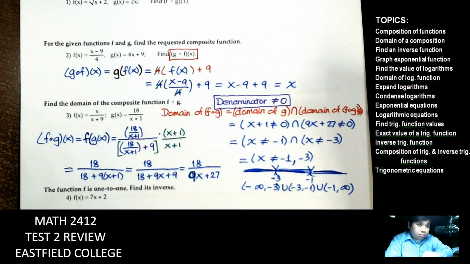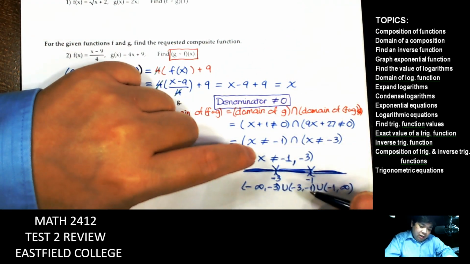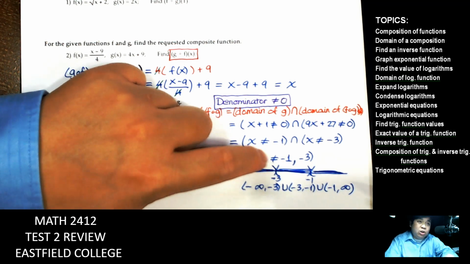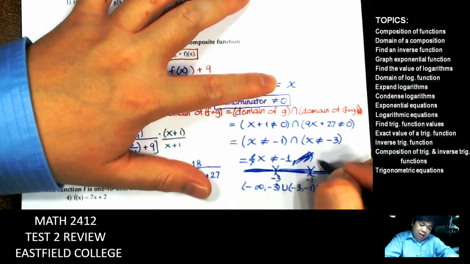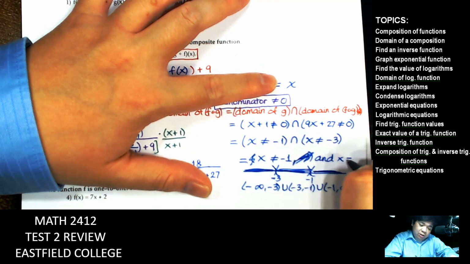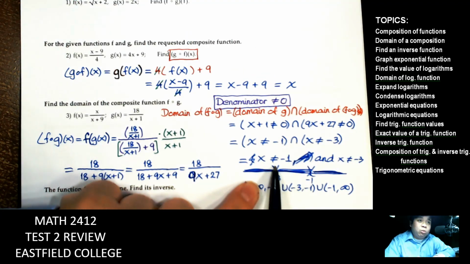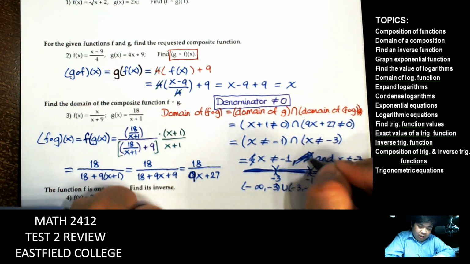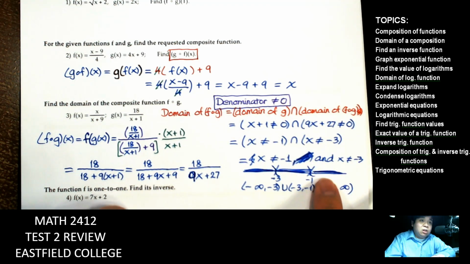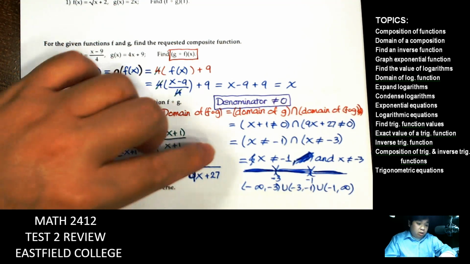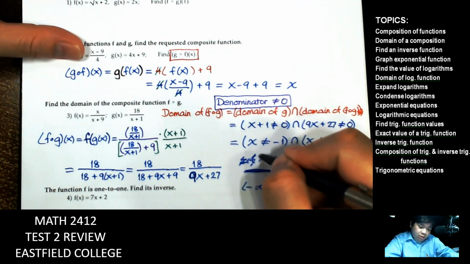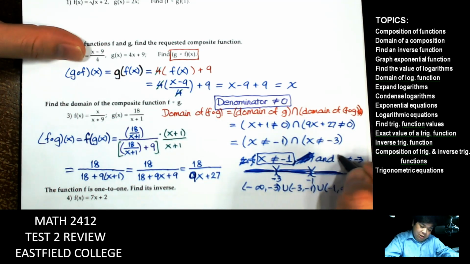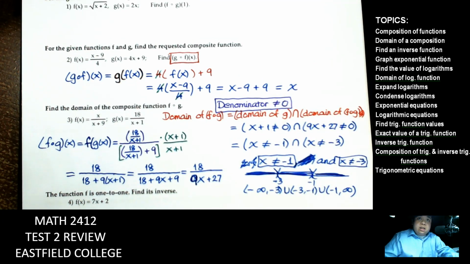You can write x not equal to negative 1, and x not equal to negative 3. Or use the interval notation. Or use the graph. Any of these three is acceptable.